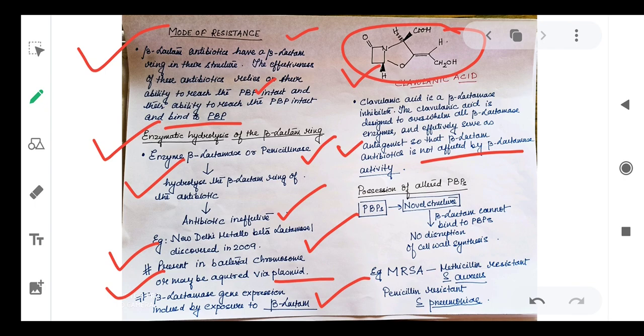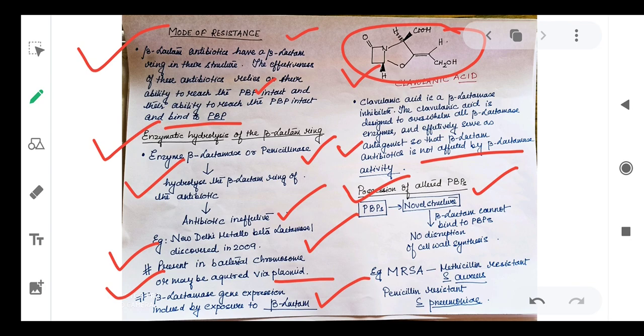There is another mechanism of resistance which I will talk about here: penicillin binding proteins sometimes change their structure. As they change to a new, novel structure, beta-lactam, I would rather say penicillin, cannot bind to this novel structure, and so the transpeptidase enzyme remains active. And as the transpeptidase enzyme remains active, there will be continuous synthesis of peptidoglycan even if you have applied the antibiotic.